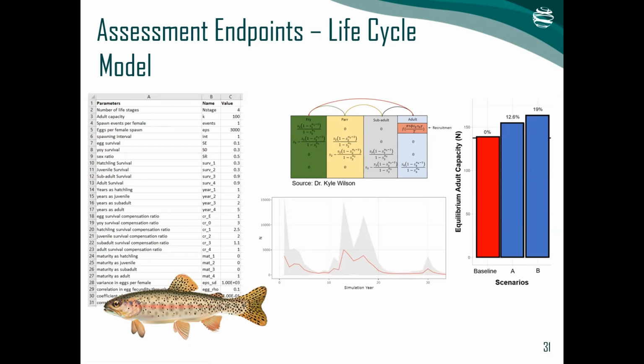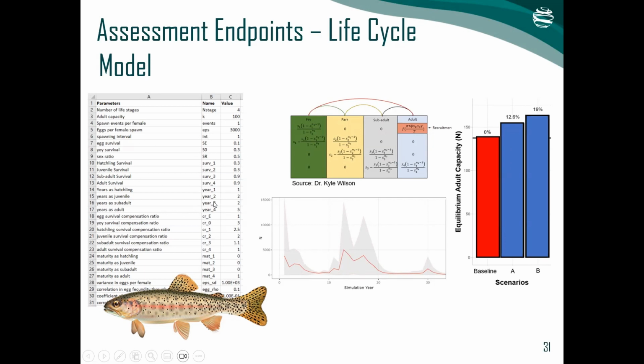The population model runs and it generates a simulation, or a time series, of the population over time. And then from the different time series, when you rerun the model under different scenarios, we can start to think about population level metrics, such as relative changes to the equilibrium carrying capacity across the different scenarios.